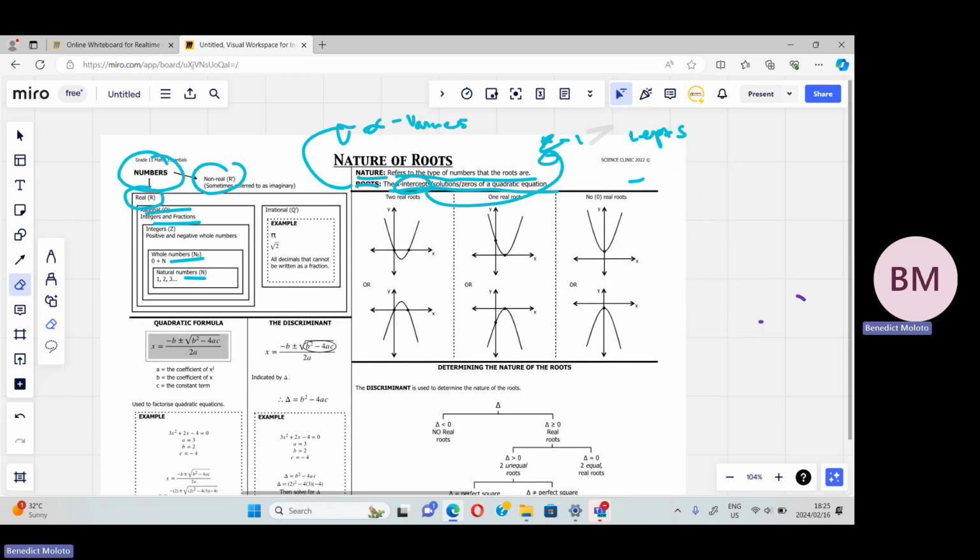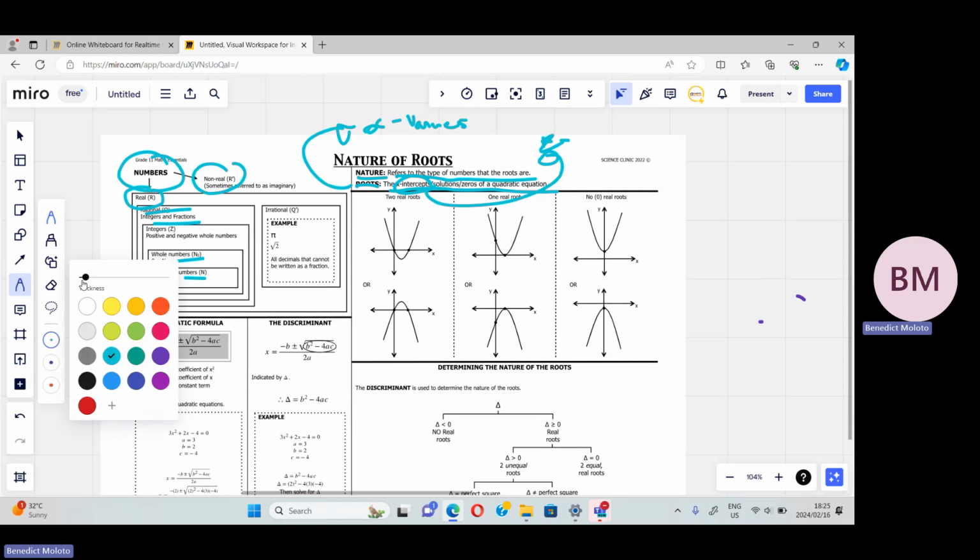I want to show you the derivation of everything. We have the quadratic formula, which is x equals negative b plus or minus the root of b squared minus 4ac, divided by 2a.